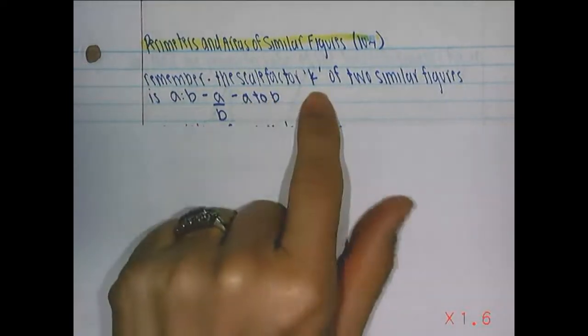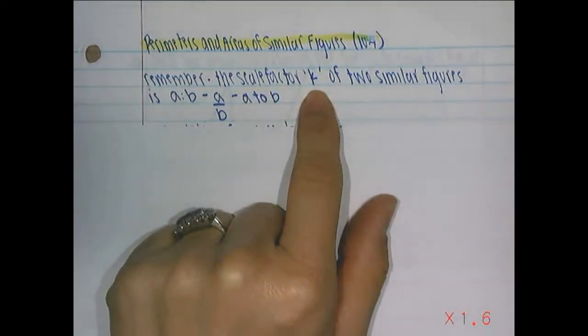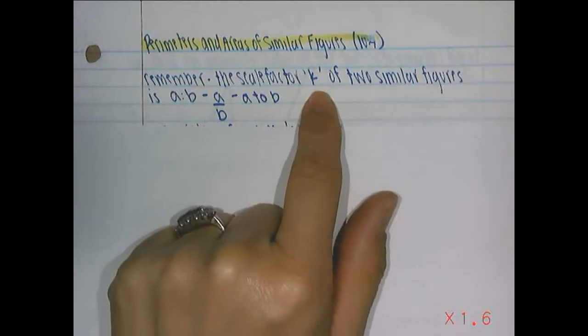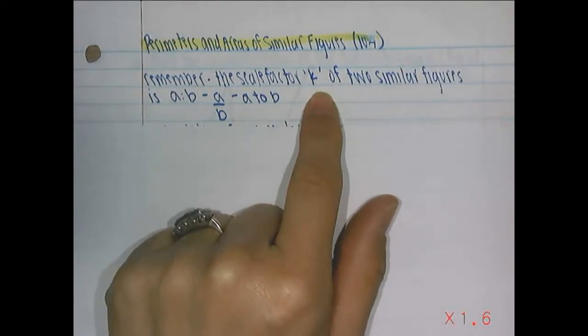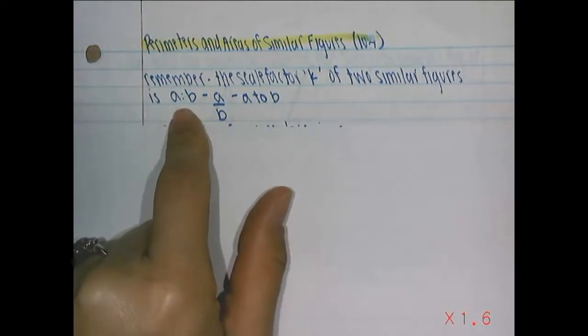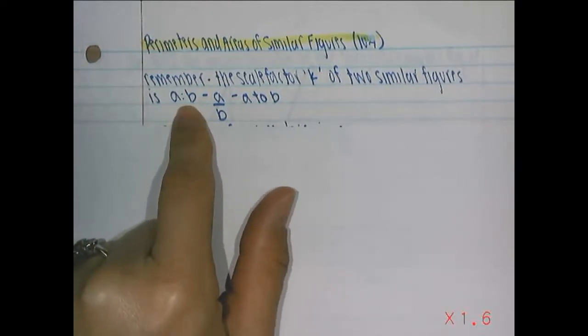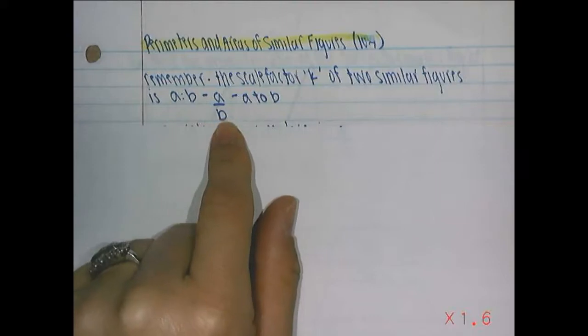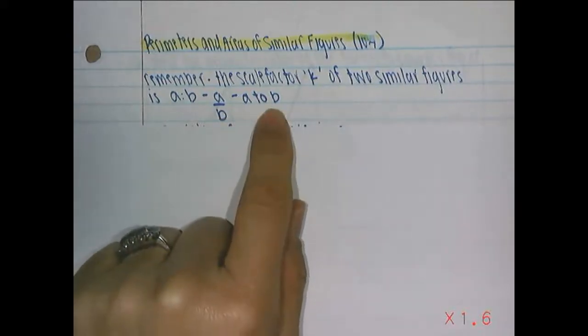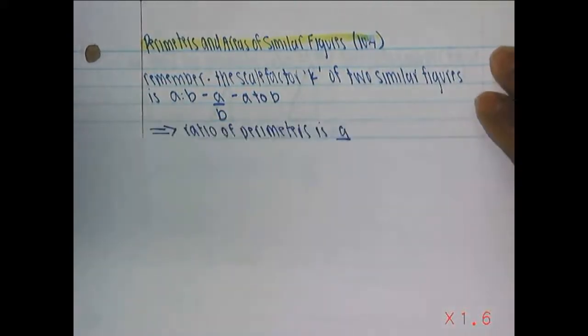Remember that scale factor, when we're talking about similar figures, we use the letter K to represent. And we also use the ratios, right? A to B with a colon, A to B as a fraction, and A to B written out.